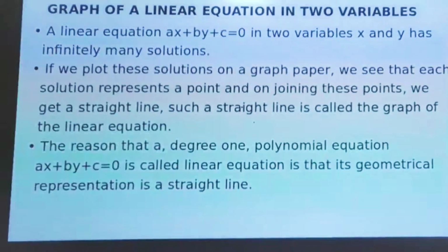Now, how do we draw a graph of a linear equation in two variables? For that, we have to plot points on graph paper and then join these points, so we get a straight line. But to plot these points, we need solutions of the given linear equation.